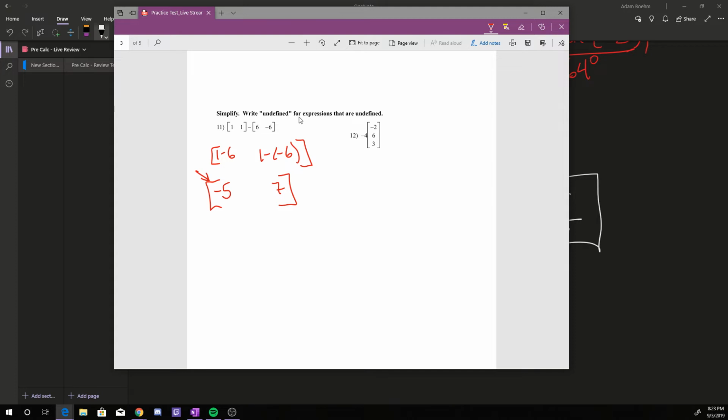Number 12, it's the same thing, except you're multiplying. So negative 4 times this matrix is negative 4 times negative 2, negative 4 times 6, and negative 4 times 3.